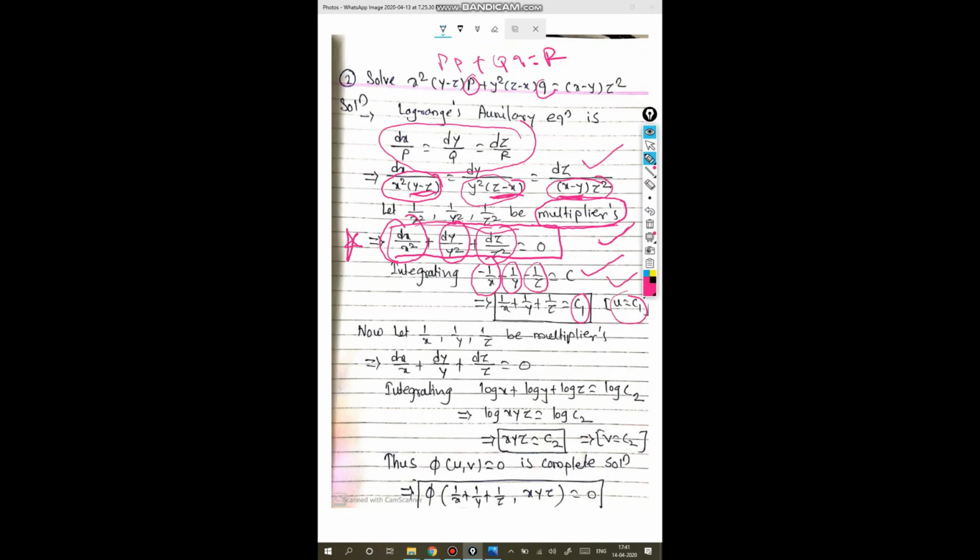One solution we got. Now, I can observe this: if we take one of the x in the bracket, it becomes xy minus xz. Sorry, I will write it again, just a minute.